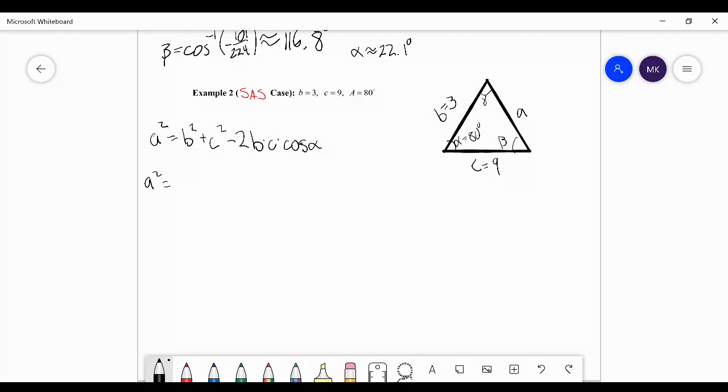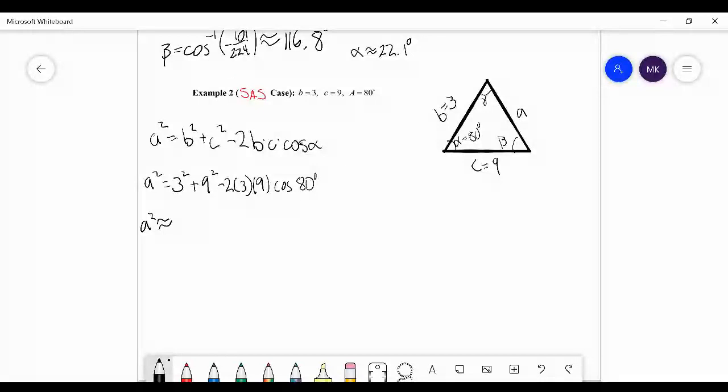So plugging in what we know, this is 3 squared plus 9 squared minus 2 times 3 times 9 times cosine of 80 degrees. So just grabbing our calculator and doing an approximation on this. So we have 3 squared plus 9 squared minus 2 times 3 times 9 times cosine of 80.